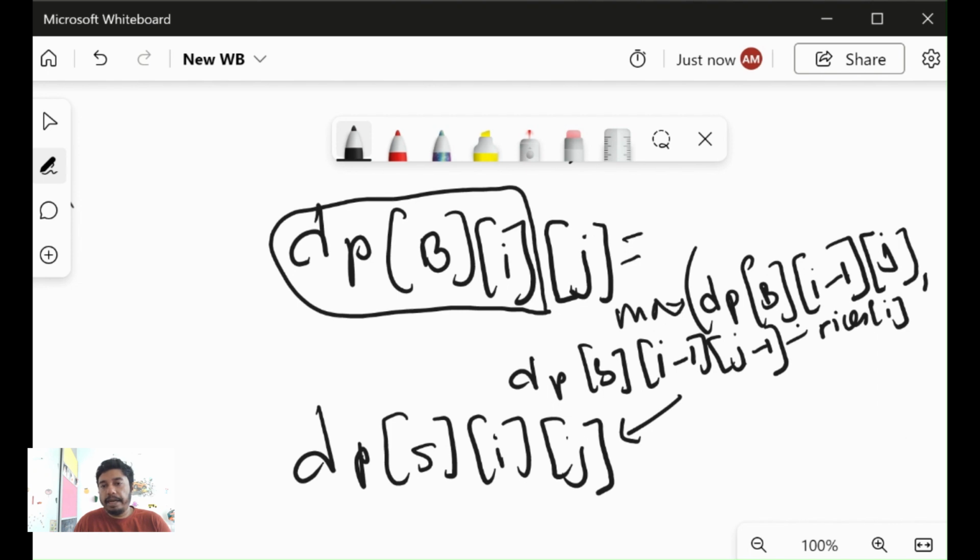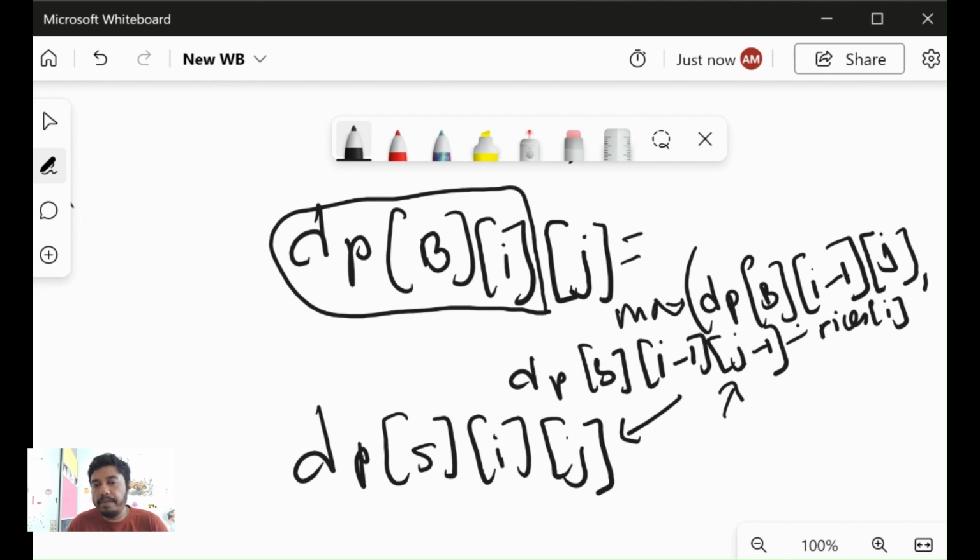Earlier we were not adding this index dimension to the problem. We were computing only dp of i minus 1, and now we are adding j minus 1. Why specifically j minus 1? Because remember that when we are doing a buy activity on the ith day, it is counted as a new transaction.